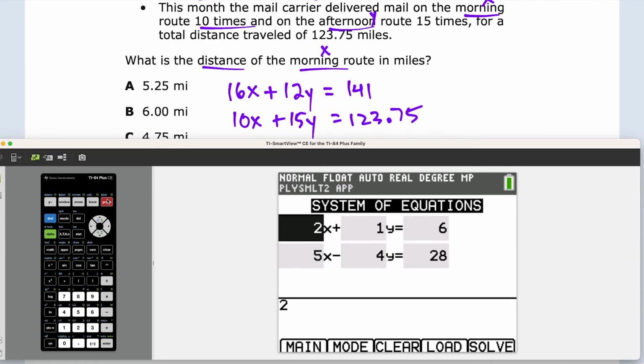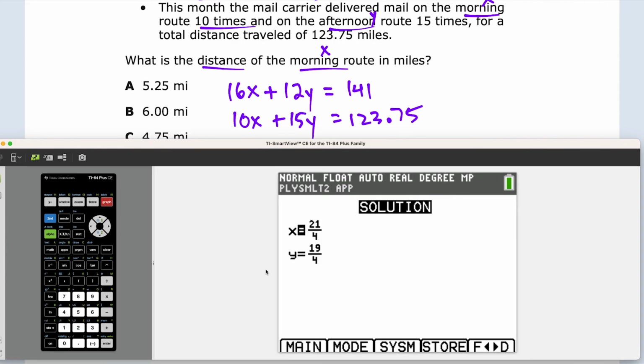We press graph to go next, and we're going to have 16x plus 12y, so I'm going to put a 12 in place, press enter, and then we have 141. And now we go on next to the next row, we have 10x, and now we're going to change this to plus 15y, and this is equal to 123.75. Okay, and then now to work this out, we just press graph to solve it.